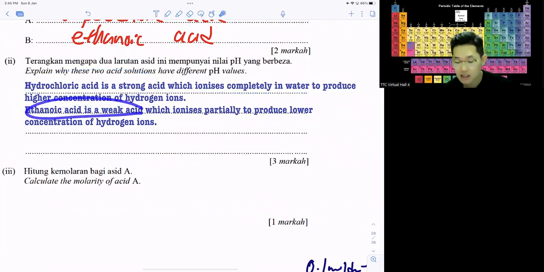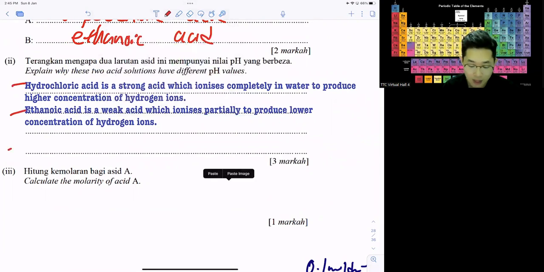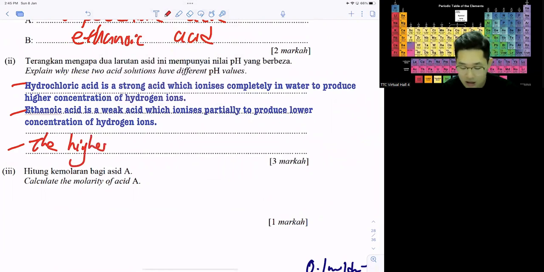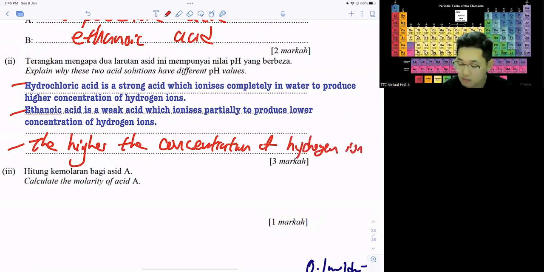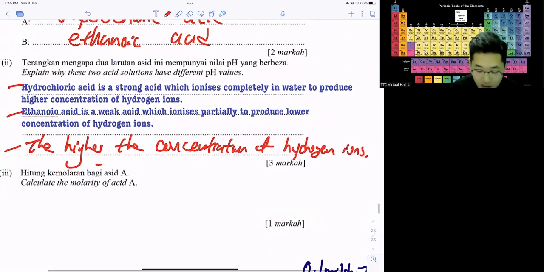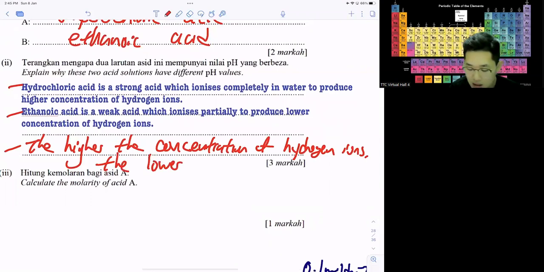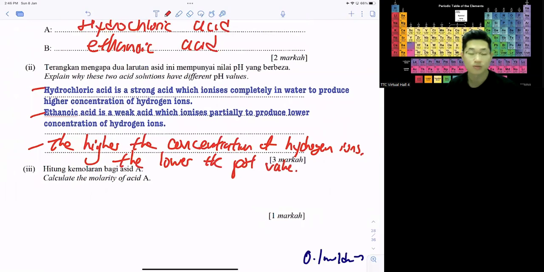Ethanoic acid is weak, partially ionized, lower concentration of hydrogen ion. And then one more point: the higher the concentration of hydrogen ion, the lower the pH value.